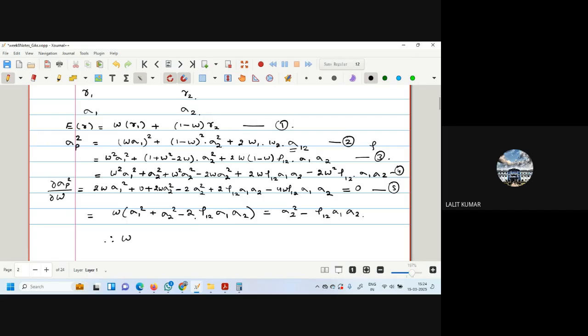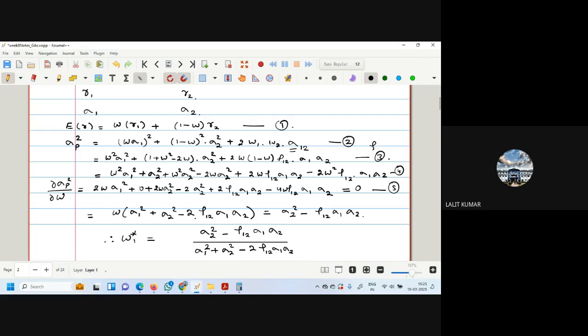Therefore your W star will become sigma 2 squared minus rho 1 2 sigma 1 sigma 2 divided by sigma 1 squared plus sigma 2 squared minus 2 rho sigma 1 sigma 2.